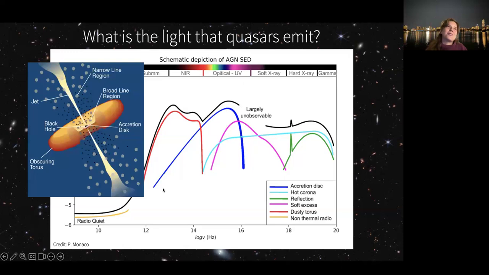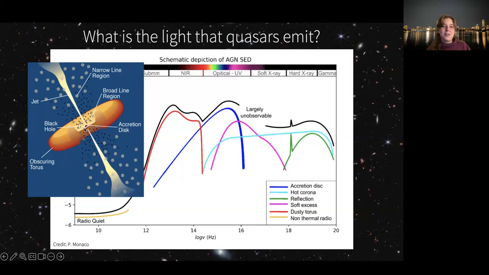Now, the complicated story is that there's a lot more going on around a black hole embedded right in the center of a galaxy. Here I just want to flash the schematic. This is what people call the unified model, the baseline model people use to explain the different types of radiation.